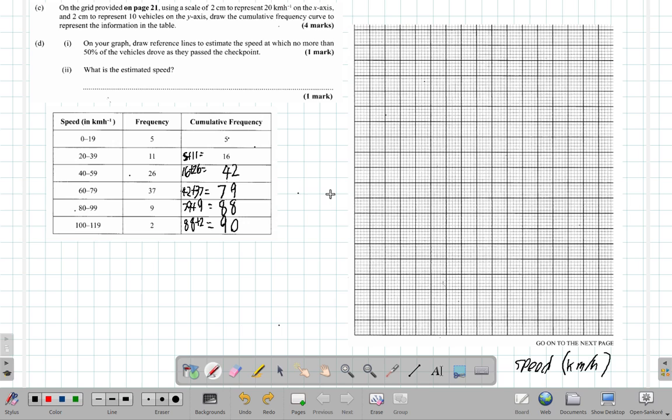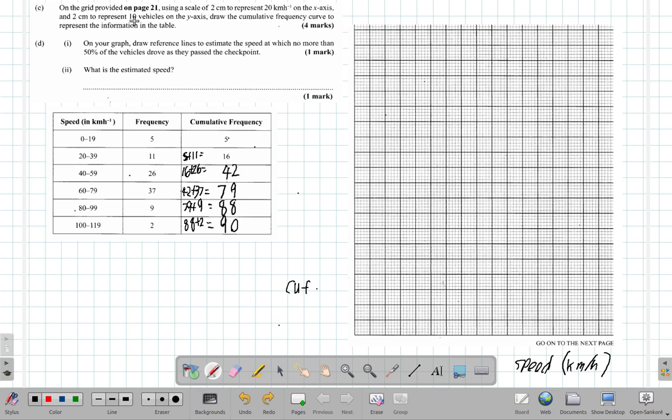The y-axis will have cumulative frequency because they ask us to plot the cumulative frequency. You'd write cumulative frequency along here. It's kind of hard for me to write sideways on the computer, so let me put CUF for cumulative frequency here.